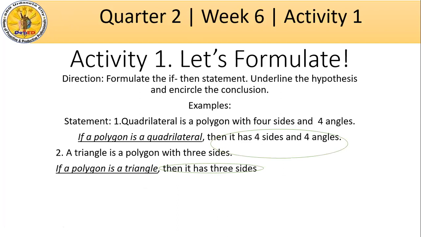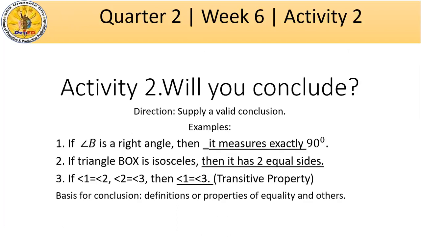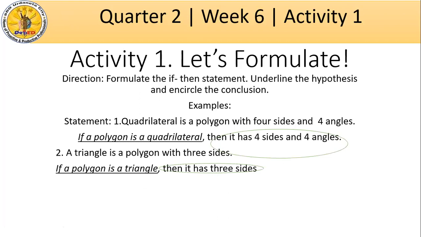Activity 1. Let's formulate. Direction: formulate the if-then statement, underline the hypothesis, and encircle the conclusion. Here are some examples. Statement 1: a quadrilateral is a polygon with 4 sides and 4 angles.